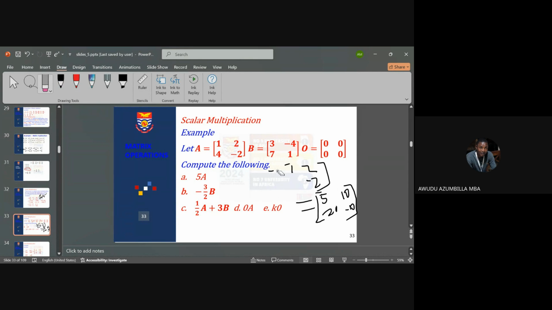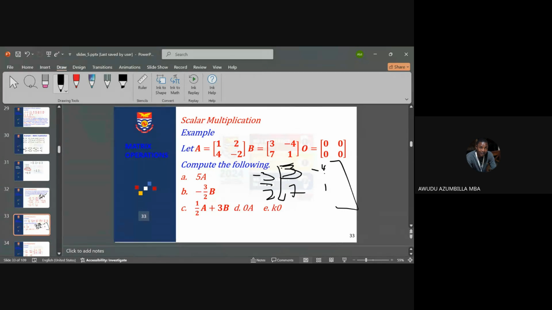And then if you also look at minus 3 over 2 B, here the B is giving us 3, 7, and then minus 4 and 1. So we are going to multiply the whole of this one by this, this one by this, and this one by this.